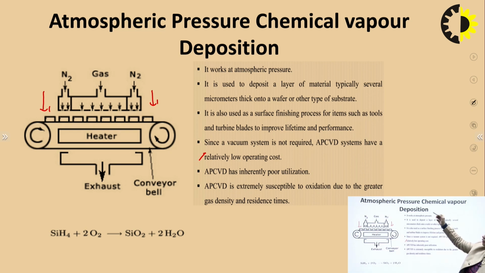This atmospheric pressure CVD works at atmospheric pressure. That means we are not creating any other kind of pressure. It totally works on atmospheric pressure. It is used to deposit a layer of material, typically several micrometers thick, onto a wafer or other type of substrate.